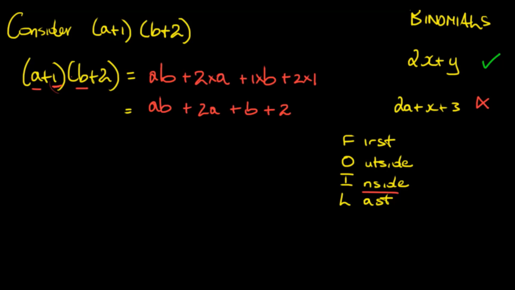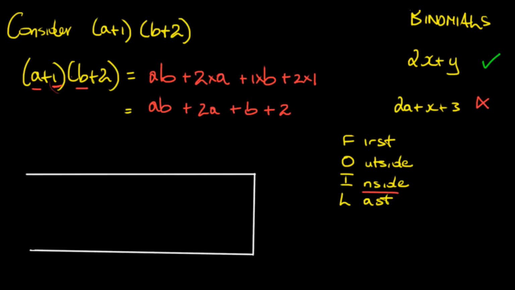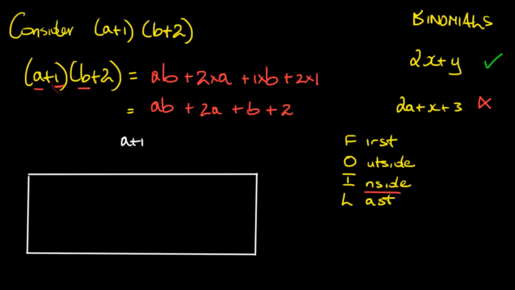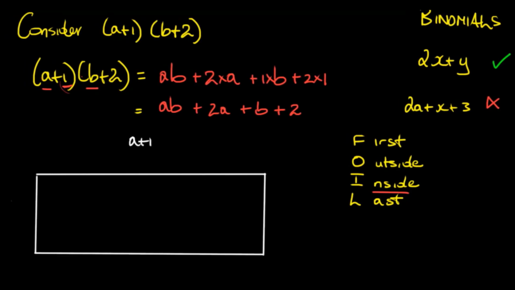So that means I'd have something looking like this. I'd have my rectangle, something like that. So one of the sides is a plus 1, and the other side is going to be b plus 2.